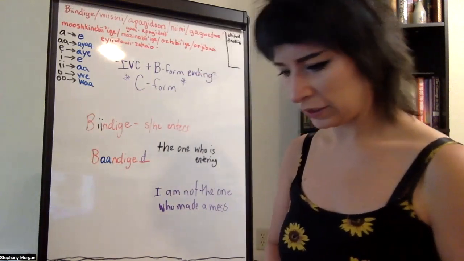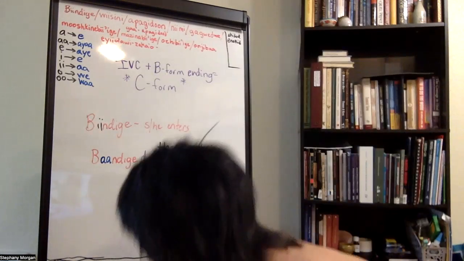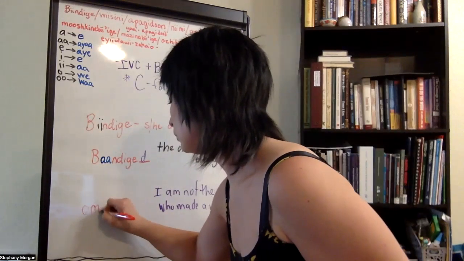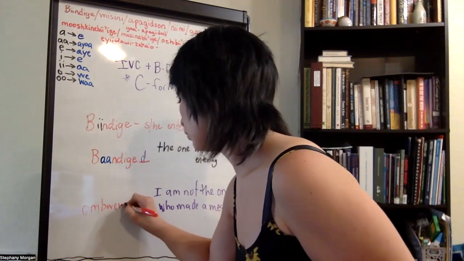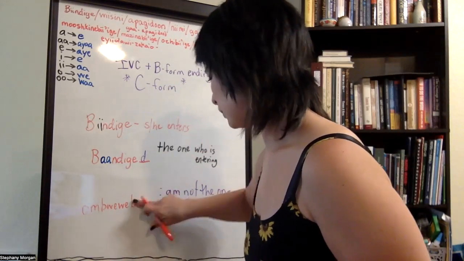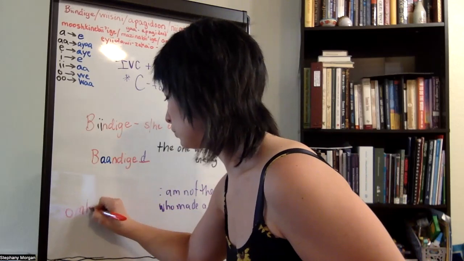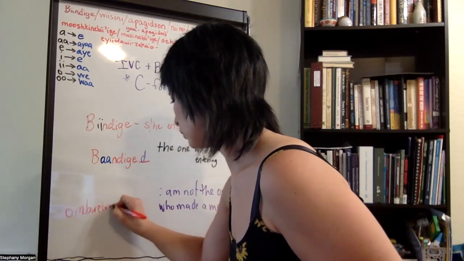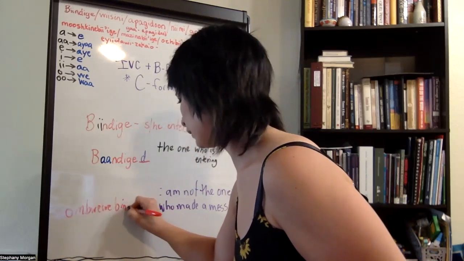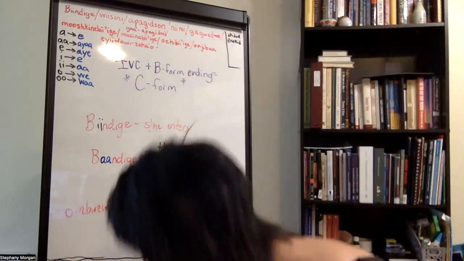So it would just be, our word is ombwewe binige. Okay. And so what we do is we look at what it starts with.